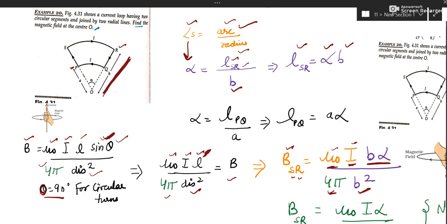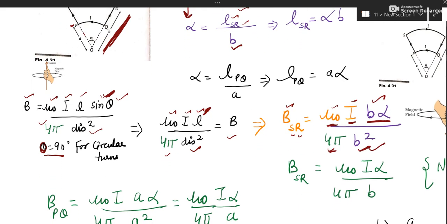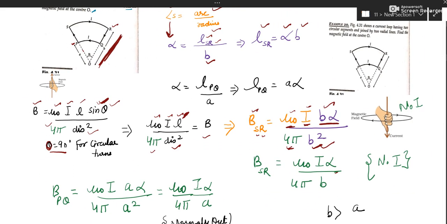This is the distance of point O from that portion of the loop. Now one power of B will be cancelled. Just write it. And what about the direction? You can see the current is this side. So keep your curls along this and you will see that the thumb will point in this direction, that is downward. So normally inwards, normally into the plane of the paper, you can write like that.